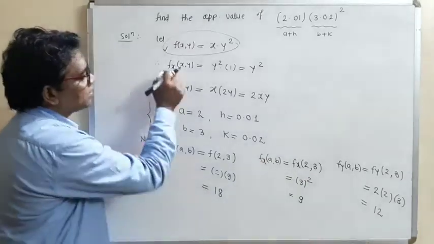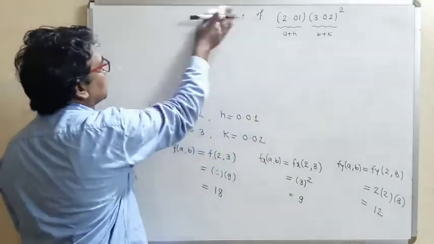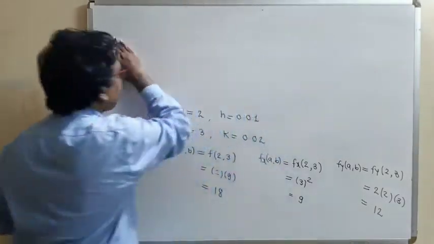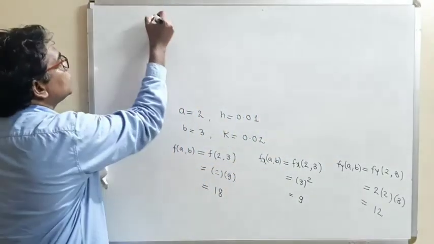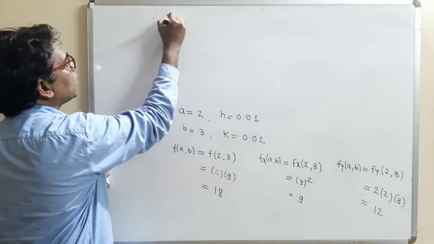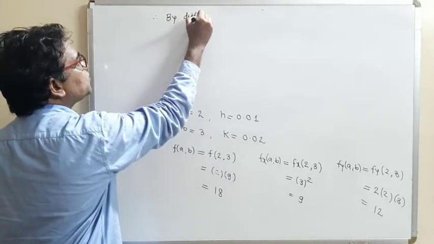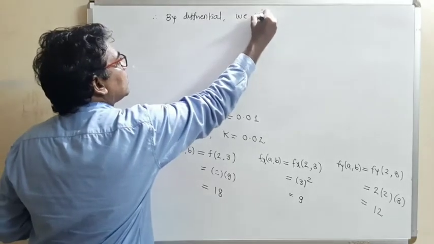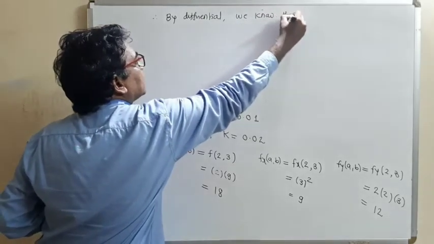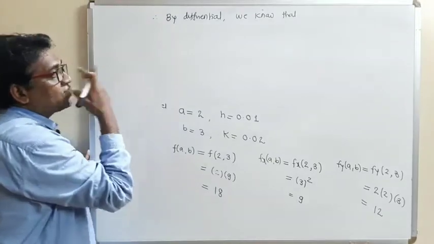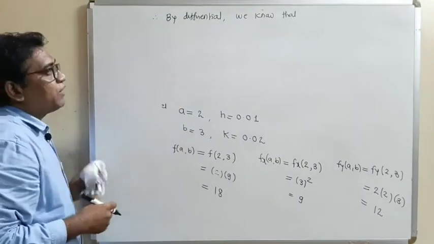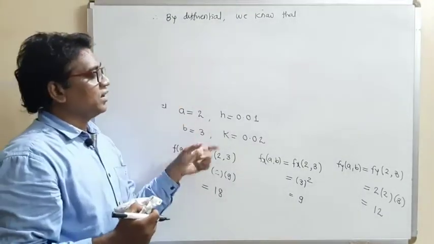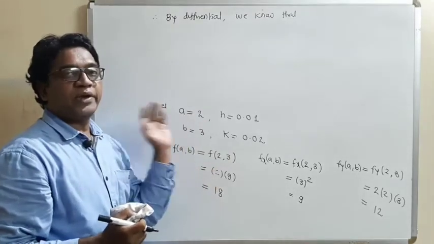Now we use the formula for differential. So write down the formula. Therefore, by differential, we know that this is the formula by which we can easily calculate the approximate value of any function.